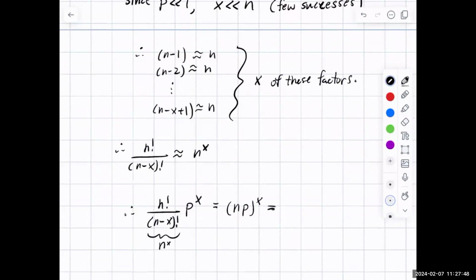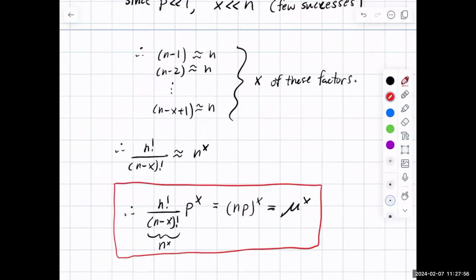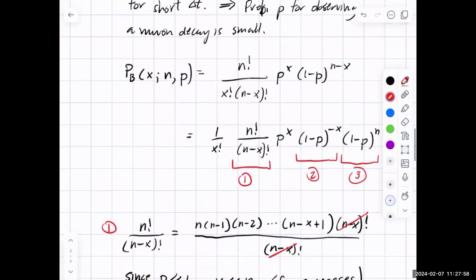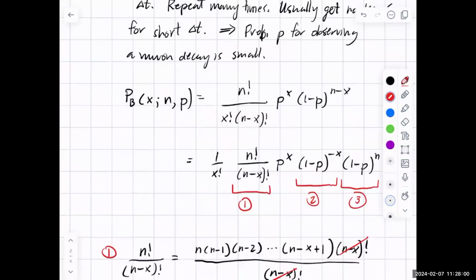And so this is equal to mu to the power X. Okay, so that's our first result. When we go back over here, we're going to replace all of this with mu to the power X.